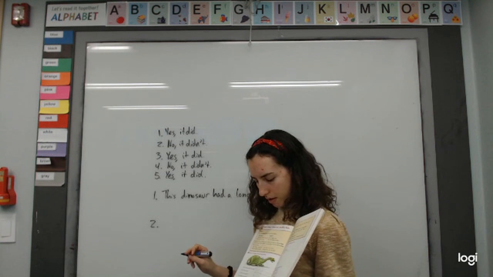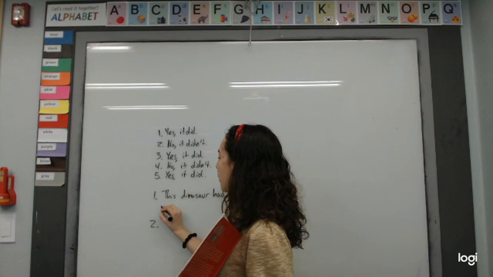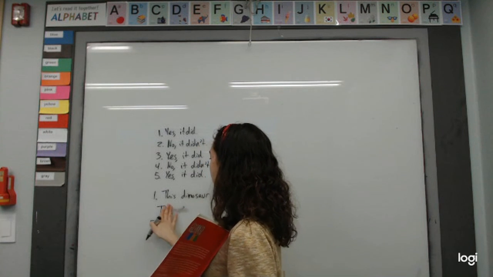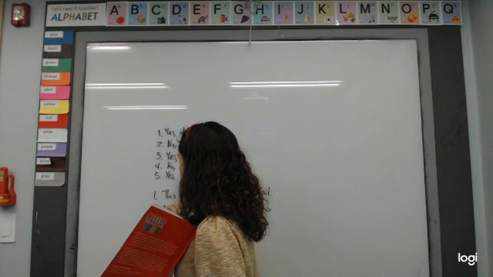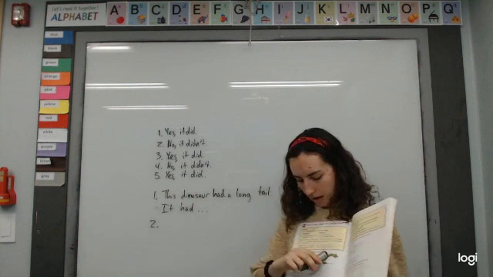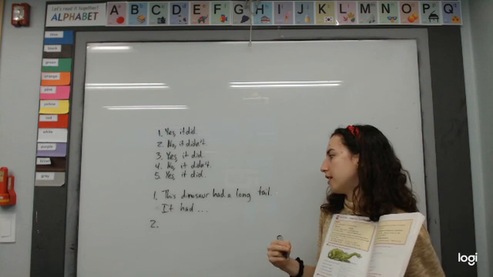The next sentence, I want you to write one by yourself. This or it, you can write it, had, now you think of one more thing the dinosaur had and you write a second sentence.